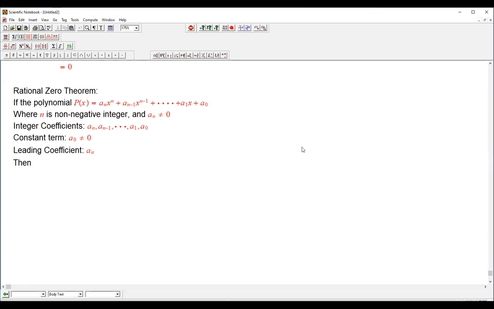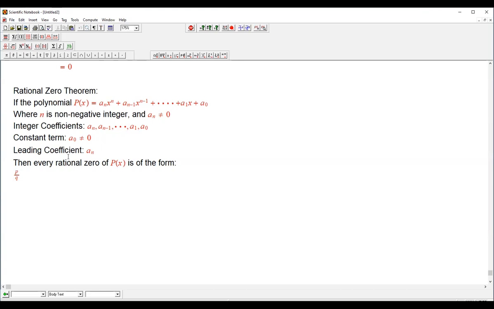Then every rational zero of P of x is of the following form: P over Q. Isn't that interesting?